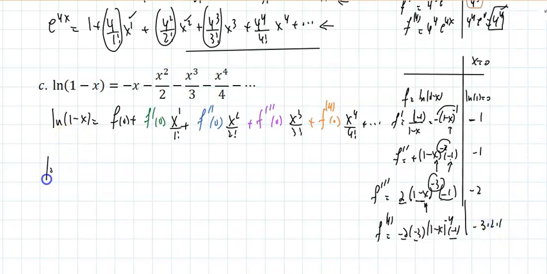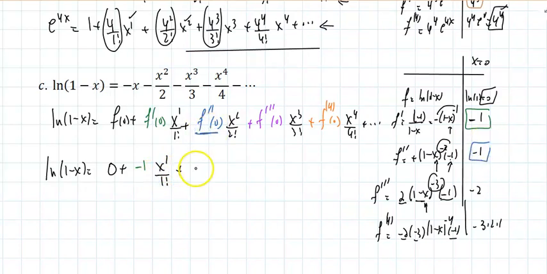So I could say natural log of 1 minus x is actually f of 0. F of 0, I got it to be 0. Plus f prime of 0, I got that to be negative 1 x to the 1 over 1 factorial. Plus f double prime, I got that to be a negative 1 x squared over 2 factorial.